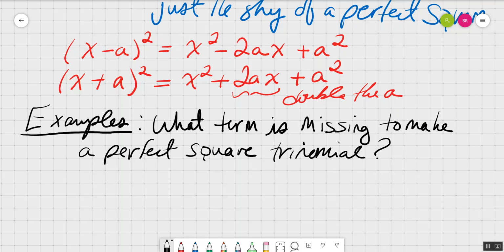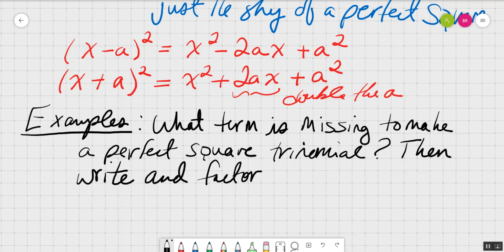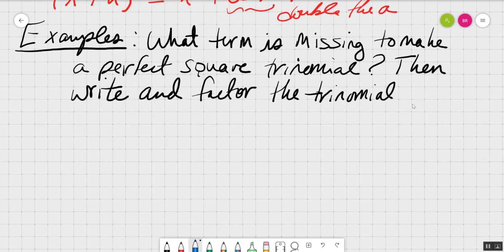And then we're going to write and factor the trinomial. Let's see how it's done.